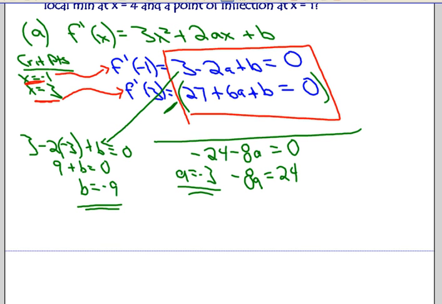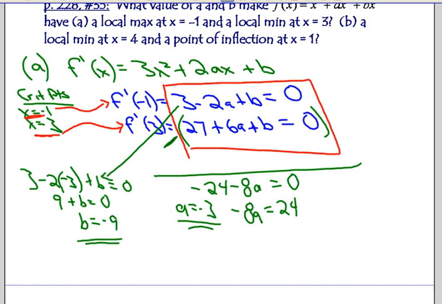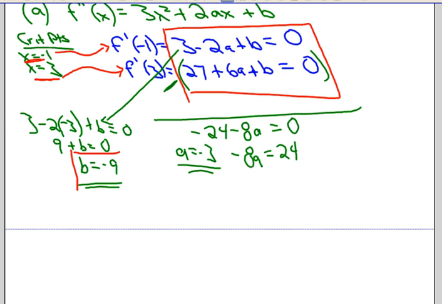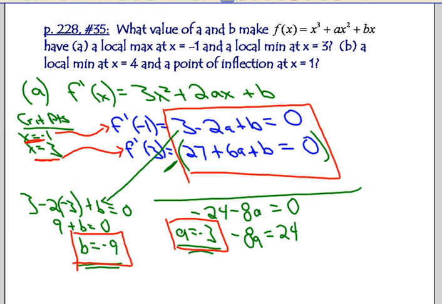But we still need to check and see if this truly gives us a max at -1 and a min at 3. And if it doesn't, we're kind of out of luck. It's just a bad problem. But let's just try it anyway. Let's go back. We've got a is -3, b is -9.